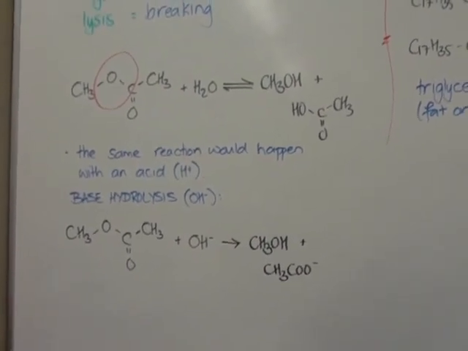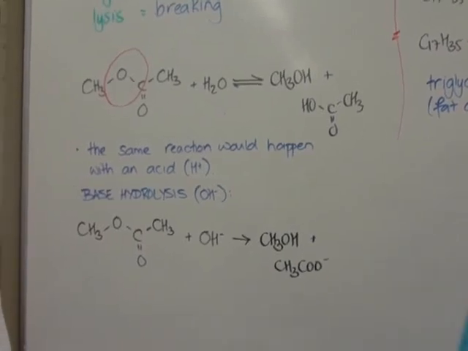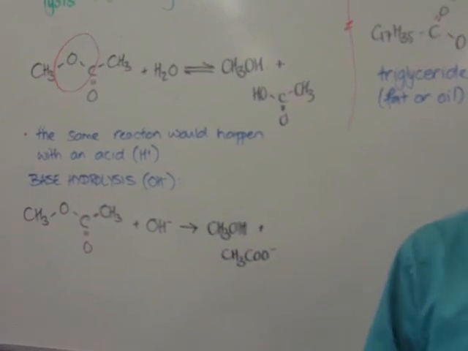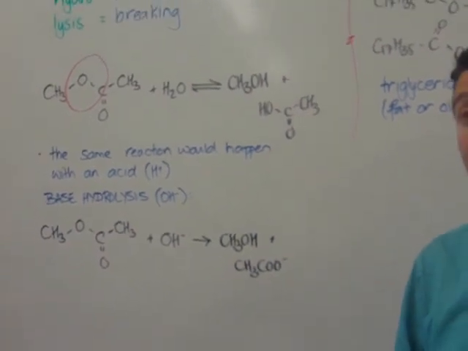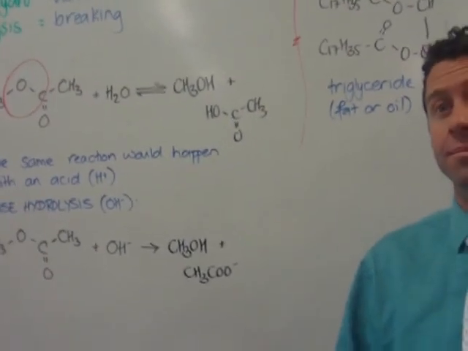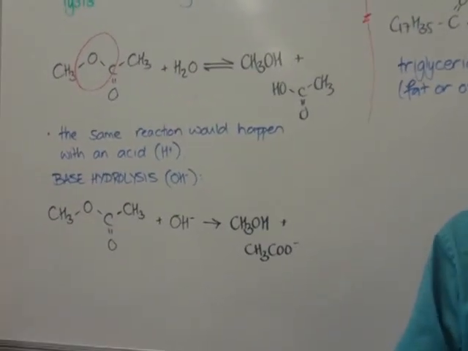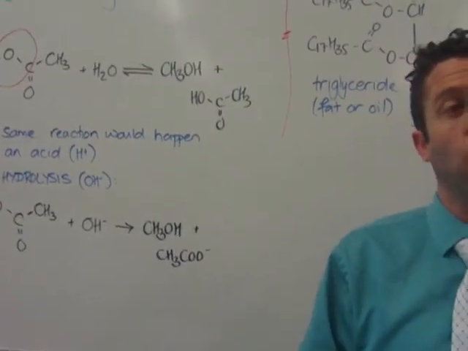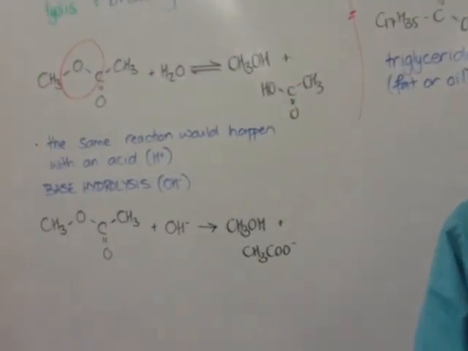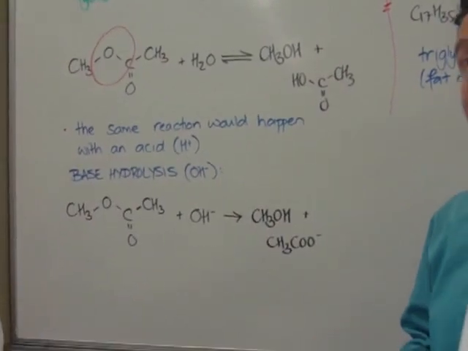So if I was to have something that was made of polyester, for example a shirt, and I spill something that's a strong base, like let's say oven cleaner on it, then that shirt is going to fall apart. But it doesn't fall apart if it's just got water on it. The polymers are more resistant to hydrolysis unless it's an acid or a base.